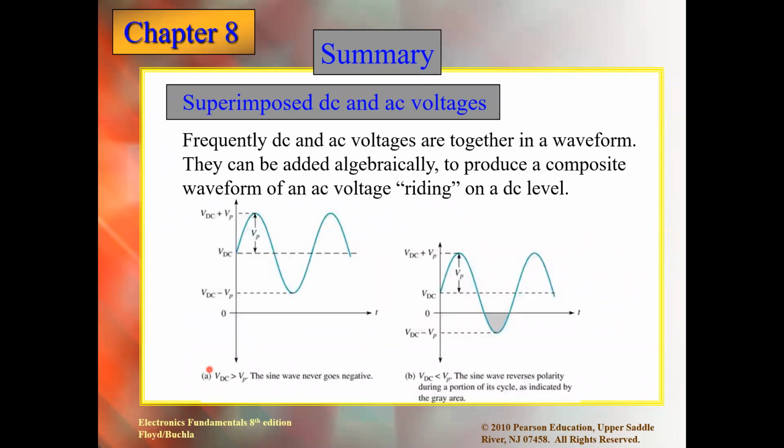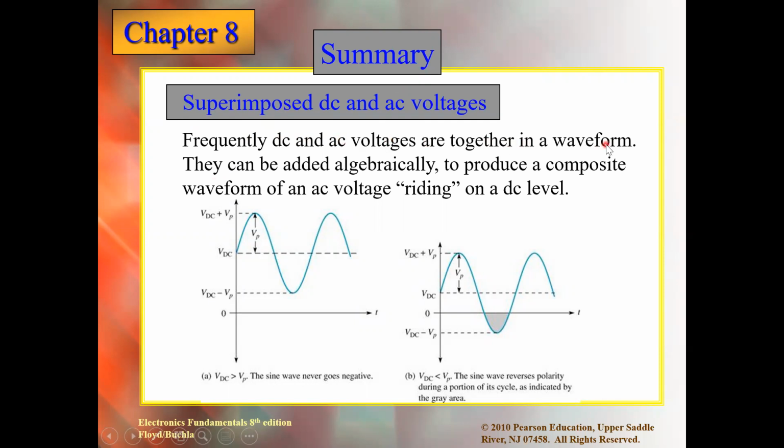Similarly, guys, one more concept comes in this continuation of AC and DC. Both types of signals are usually present in any circuit. So when we have AC and DC both present in a circuit, what will happen? Frequently DC and AC voltages are together in a waveform.